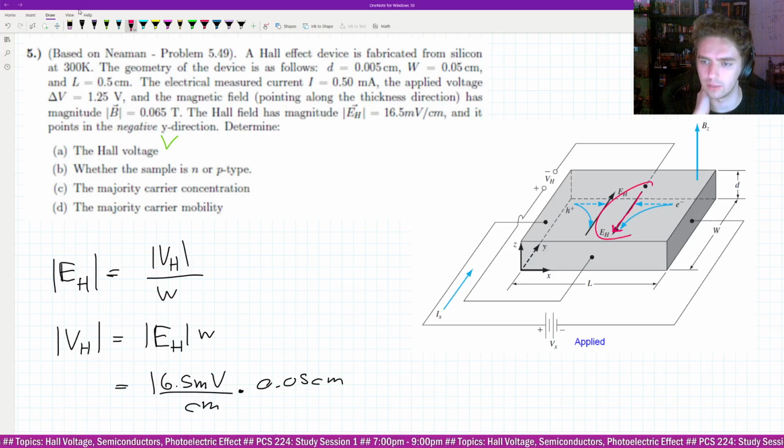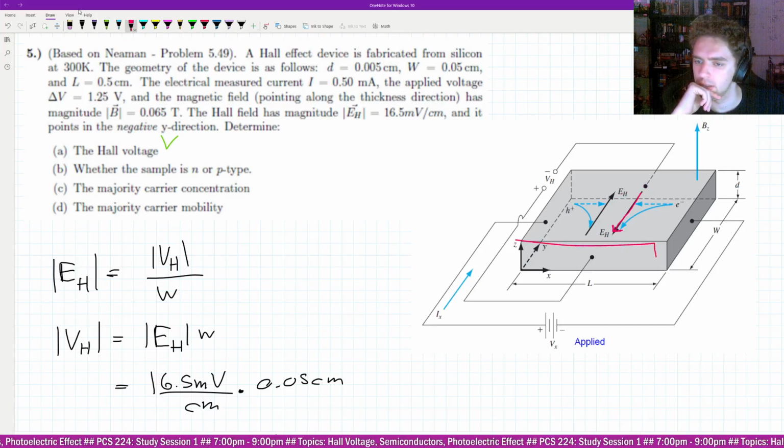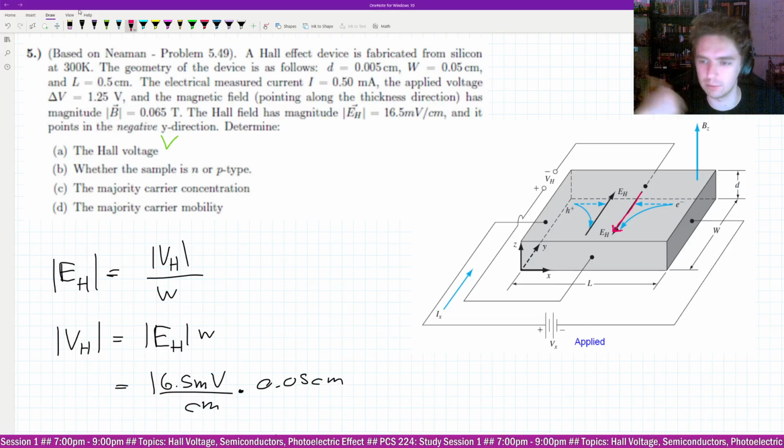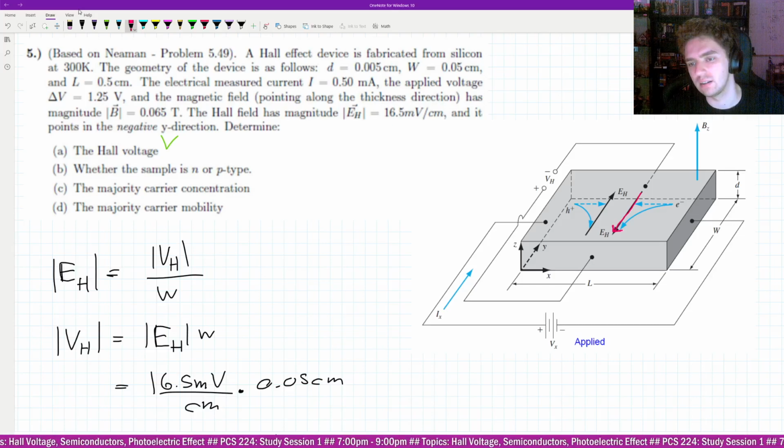And if it's pointing in the negative Y direction, then that means that the bottom plate, so the plate closest towards us out of the page, is negative, and the plate farthest away is positive. Sorry, did you ask because it comes from the positive side? Yeah. Did you ask why E Hall points towards this positive side? I guess I was just confused why the electron was moving this way, but now I understand that, yeah, it makes sense, because the E Hall is going to emit from the positive side.